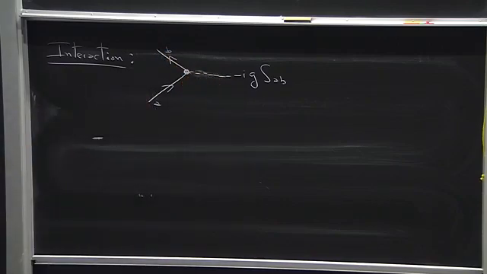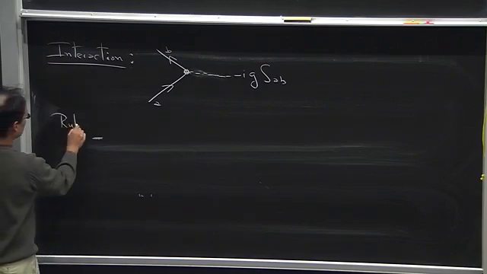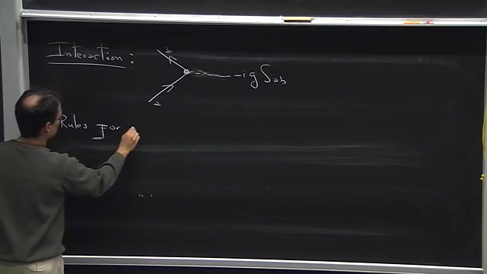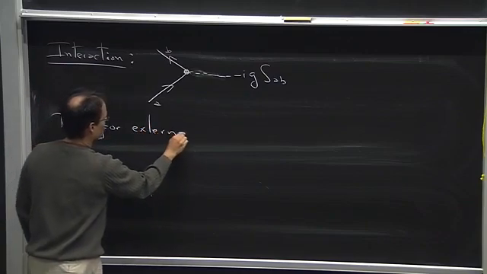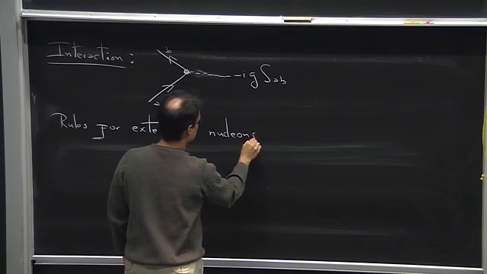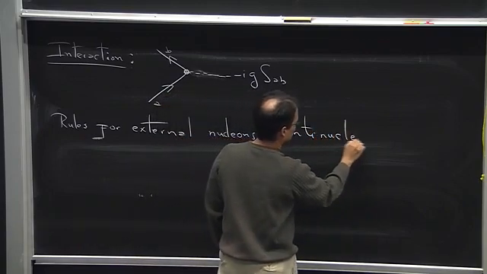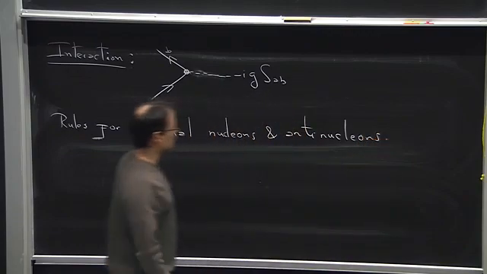And we said that we were missing one piece to complete the Feynman diagrams to actually start doing calculations with this. So what were we missing? Do you remember? Yeah, rules. For external nucleons. And antinucleons. Okay?